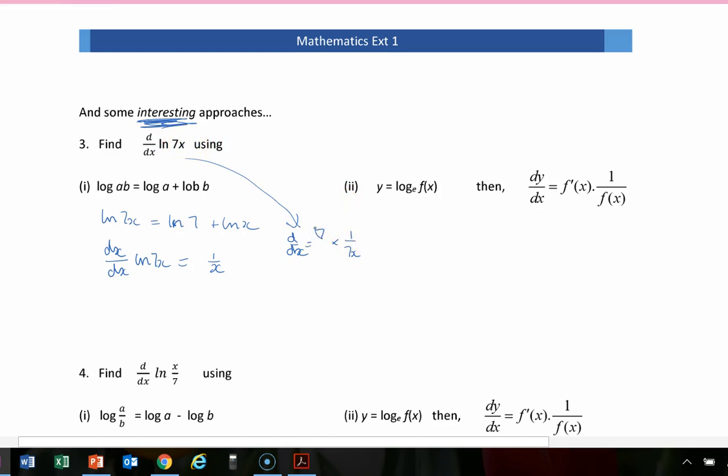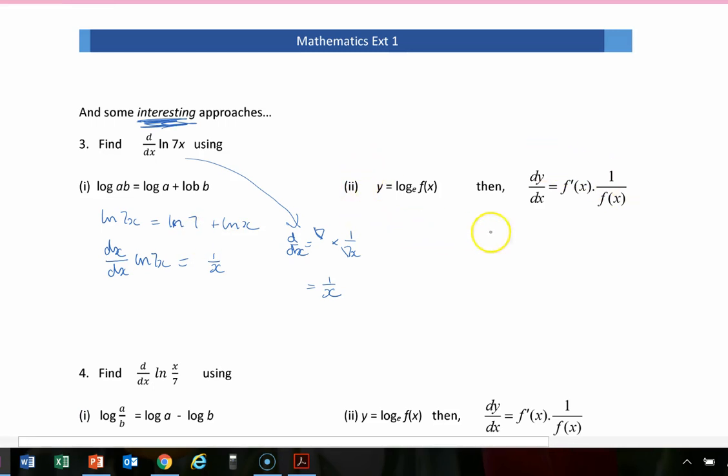The 7's cancel out, and you get the derivative is 1 on x, which is what we got there. So this might seem like a long way around doing it, but there might be some cases where you'll choose to do it that way.